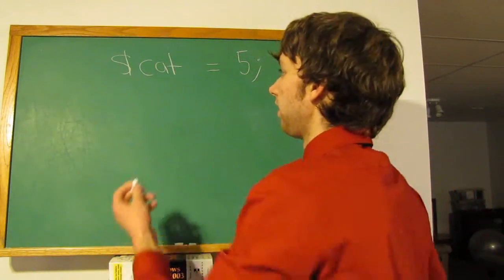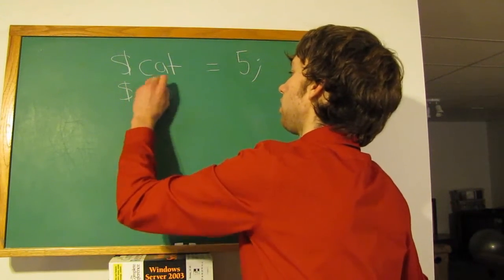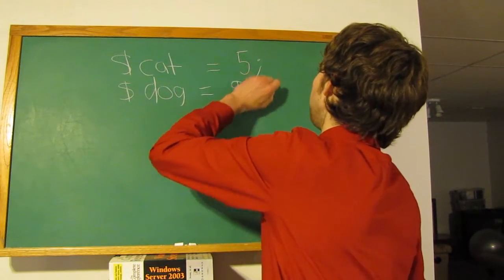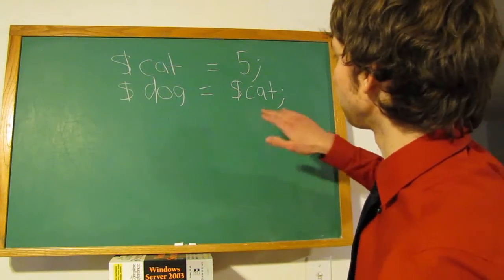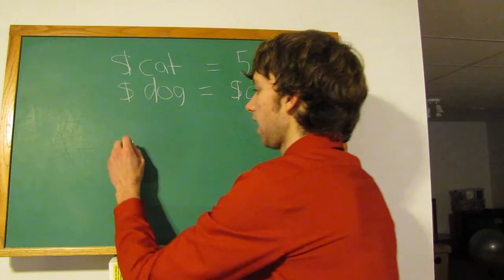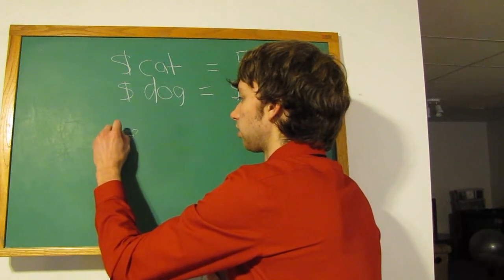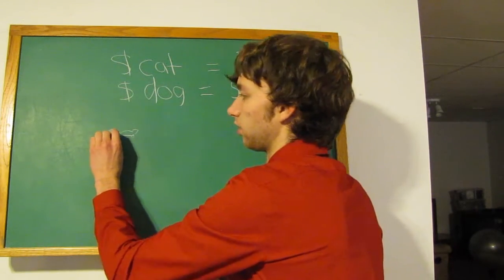Cool? Now we can make another variable, dog, and we can actually assign it the value of cat. So now dog has the value of cat. So what's that mean? We have a cat, right?